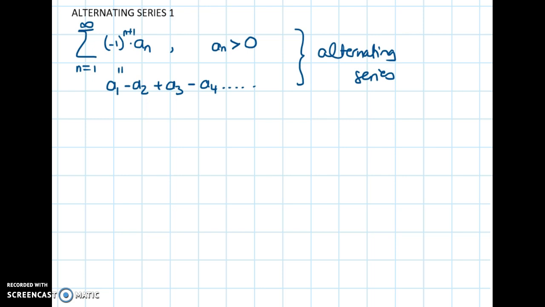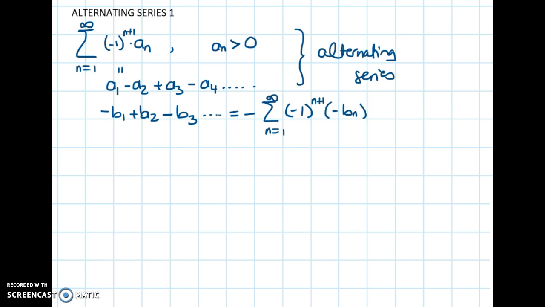starts with a negative? So something like minus b1 plus b2 minus b3 and so on. Well, that's not a problem because we can write this as minus the series that has the opposite sign, so it's going to be of the form -1 to the power of n plus 1 times bn, with n from 1 to infinity.